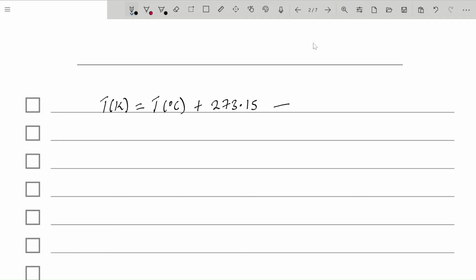Equation 2: temperature in Rankine is equal to temperature in degree Fahrenheit plus 459.67.